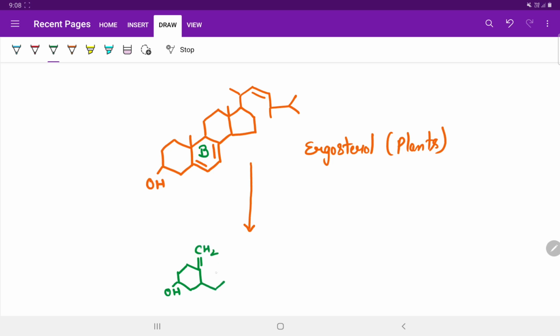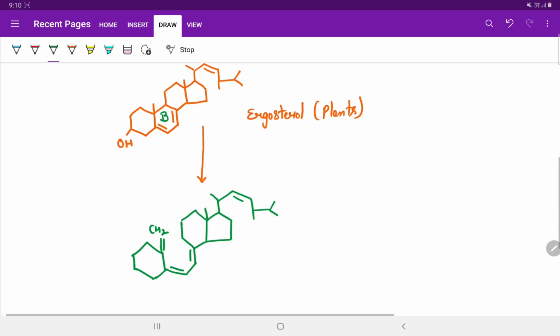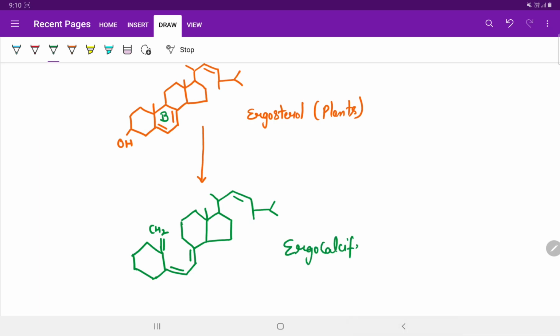So you can see here how the opening up is occurring. So this is the structure for ergocalciferol, also known as vitamin D2.